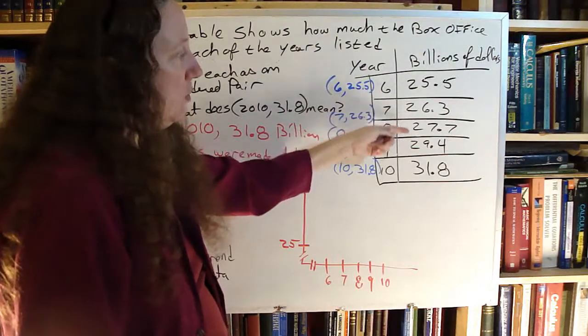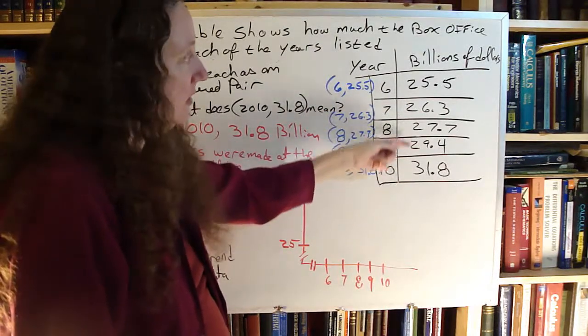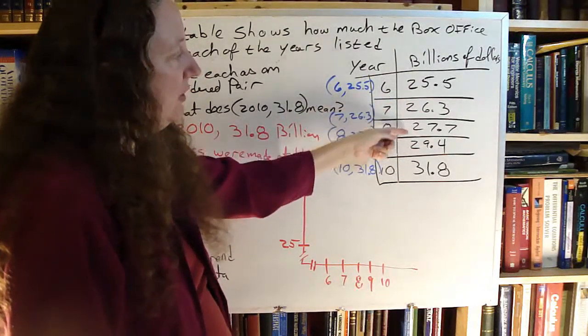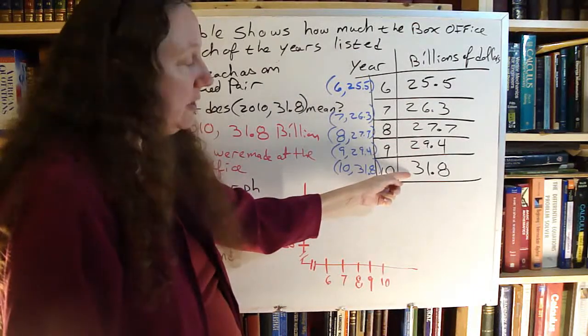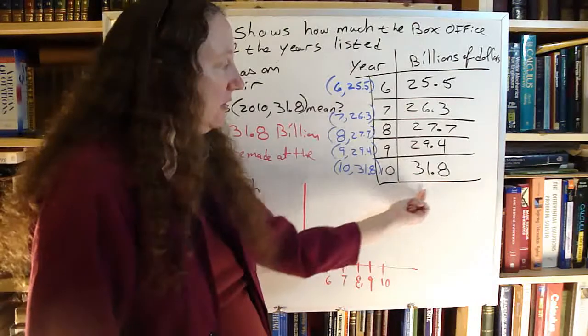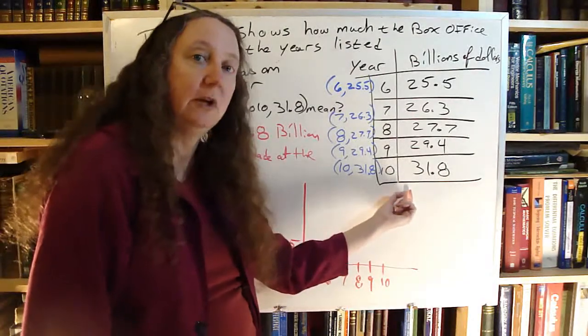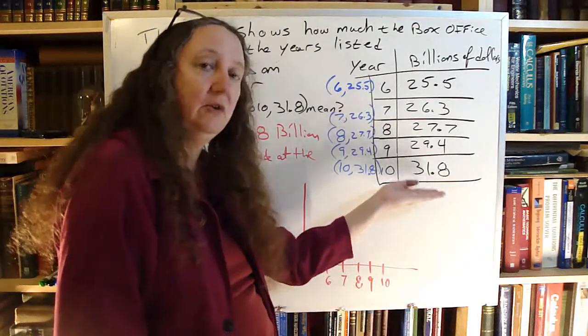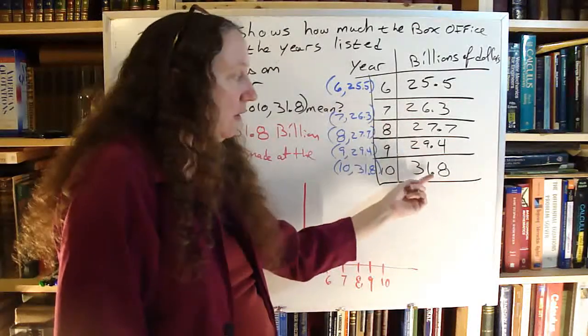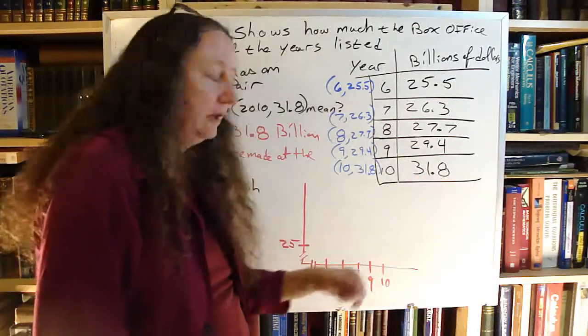Continuing, looking for my highest number, 25, 26, 27, 29, 31. 31 is the biggest number here, 31.8. So I want to make sure that I have enough space to include this number. So I need to go at least up to 32 so I can fit this on here.